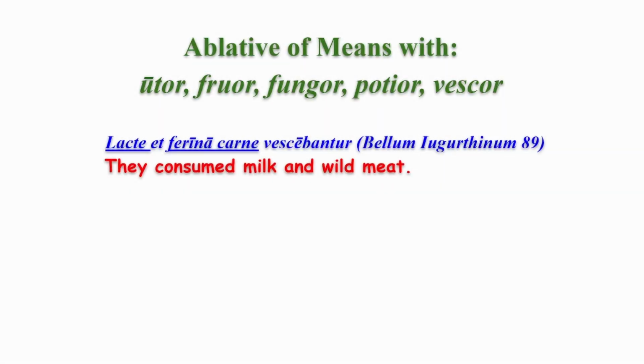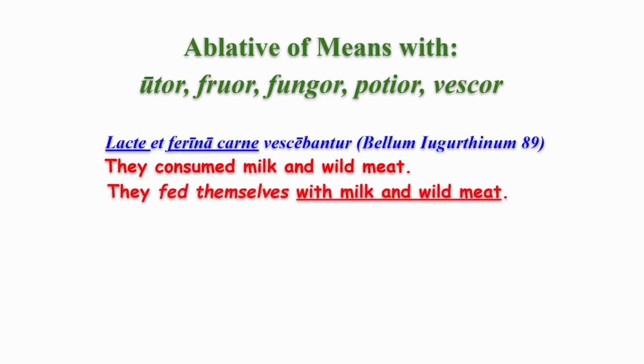But grammatically, these aren't objects in Latin. Originally, these verbs would have been in the middle voice, as we'd find in classical Greek, which doesn't really exist in Latin anymore, but it kind of does. They're really middle voice, and so they're used reflexively. So, for instance, a more literal translation of vescebantur, at least as it was originally understood, would be they were feeding themselves, or they fed themselves with milk and wild meat.